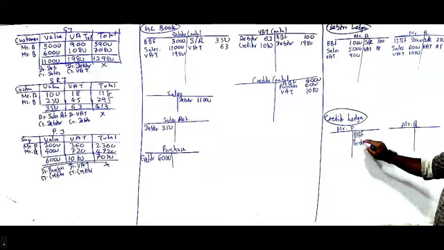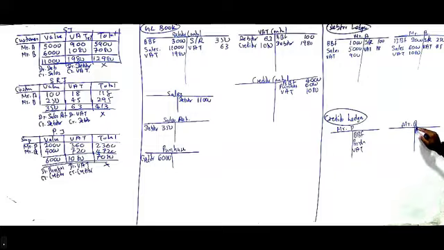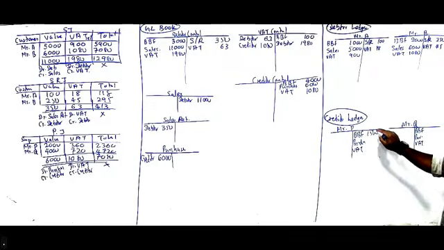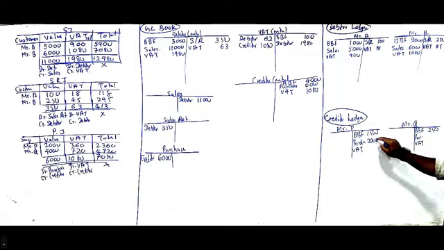BBF, purchase side. 4,000 detailed version: 1,500 and 2,500. 6,000 detailed version: 2,000 and 4,000.